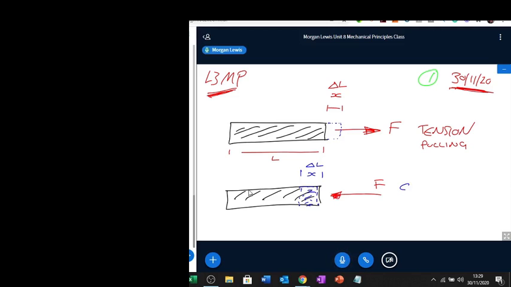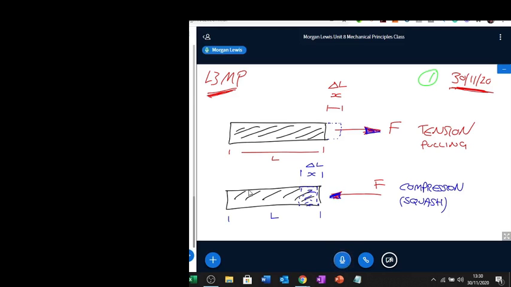And this one is compression, which is squash. So that could be the length there. That was last week.